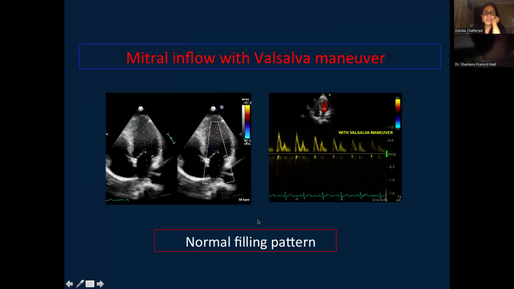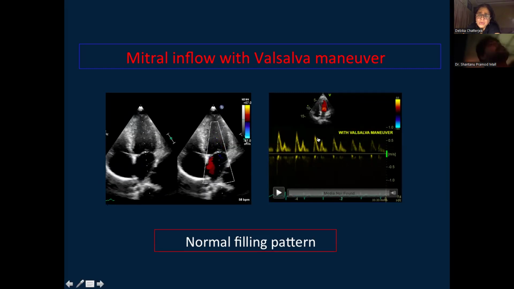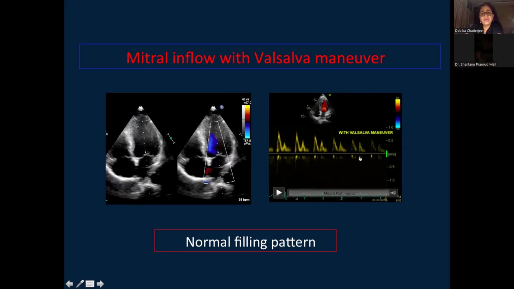Now see, this pattern where the patient is a normal one and we are getting E more than A. And here we ask the patient to do the Valsalva. Look, with the Valsalva, both E and A wave velocities are decreased, keeping the ratio the same. So this is the normal filling pattern.